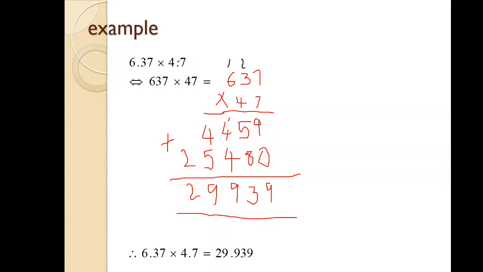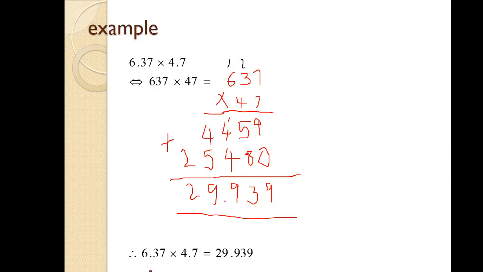You count how many digits there are after the decimal point, and you have to count them together. Start here: 1, 2, 3. That means in your answer you should have 3 numbers after the decimal point. You can see 1, 2, 3, and then your decimal point has to come here.